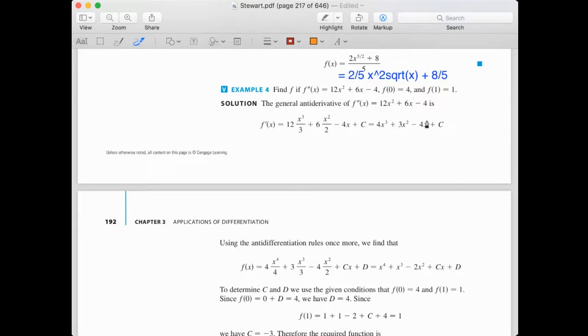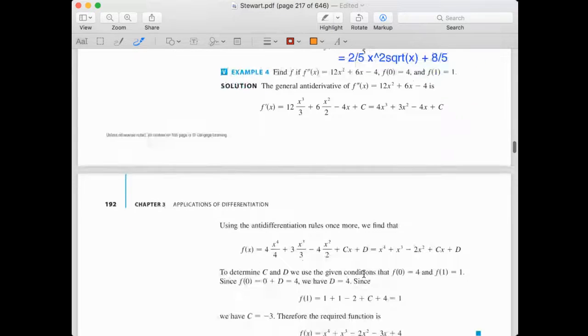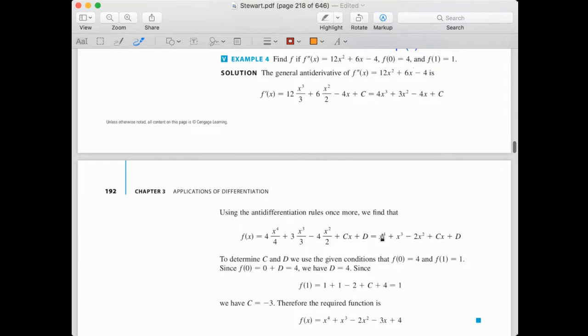Minus 4x, this is x raised to 1, we add 1 to get 2, then divided by 2, negative 4 times x squared divided by 2. The antiderivative of c is cx. Then we add another constant, and we write it with a different name, we write it as d. So now simplify a little bit. So we get x raised to 4 plus x cubed minus 2x squared plus cx plus d. All right, so this is our function.